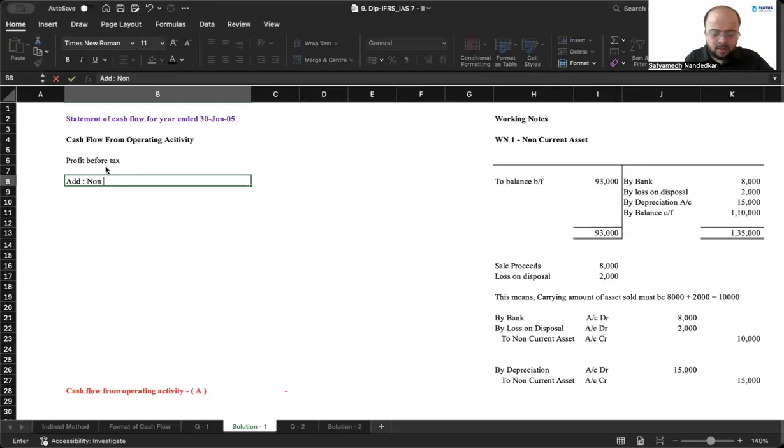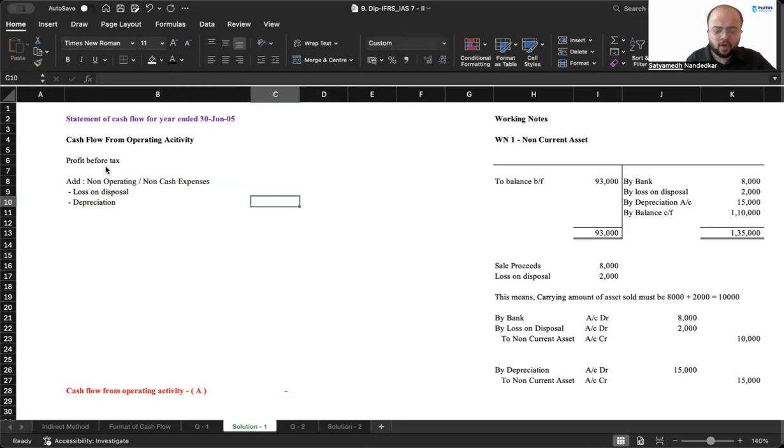Right now, you are supposed to add non-operating and non-cash expenses. Non-operating expenses are loss on disposal. This is a non-operating expense and depreciation is non-cash expense. Okay. So loss on disposal 2000, depreciation 15,000. So this is taken care of.